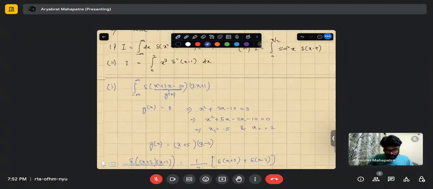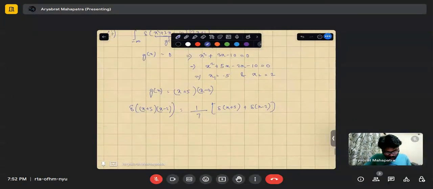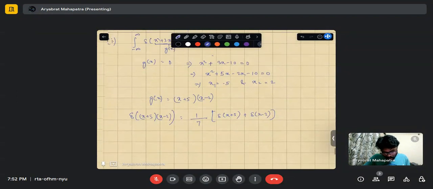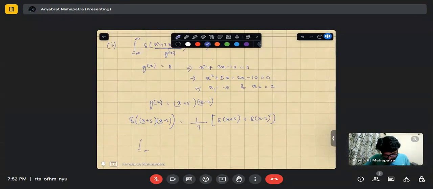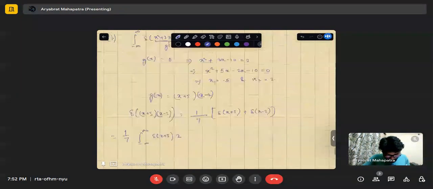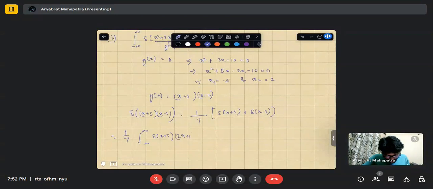And then after that, you basically have to use the integral from minus infinity to infinity. So 1 over 7 delta of x plus 5, 2x plus 1, dx, then again plus 1 over 7 delta of x minus 2, 2x plus 1, dx.